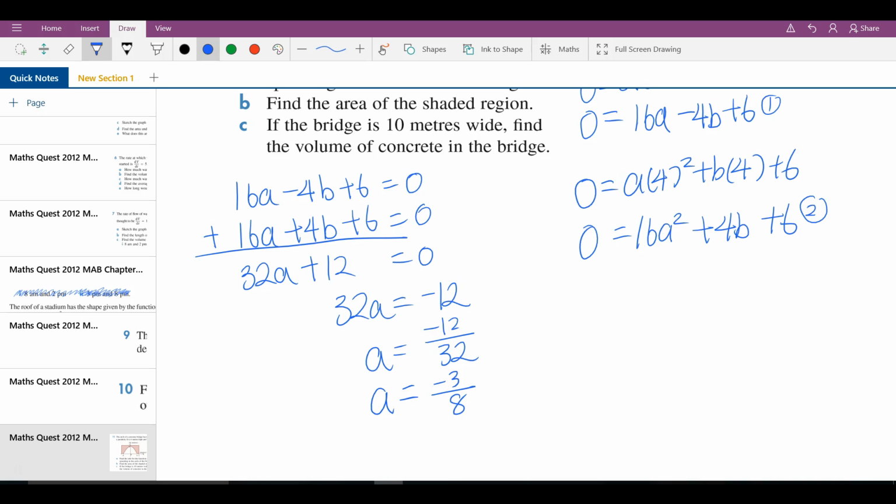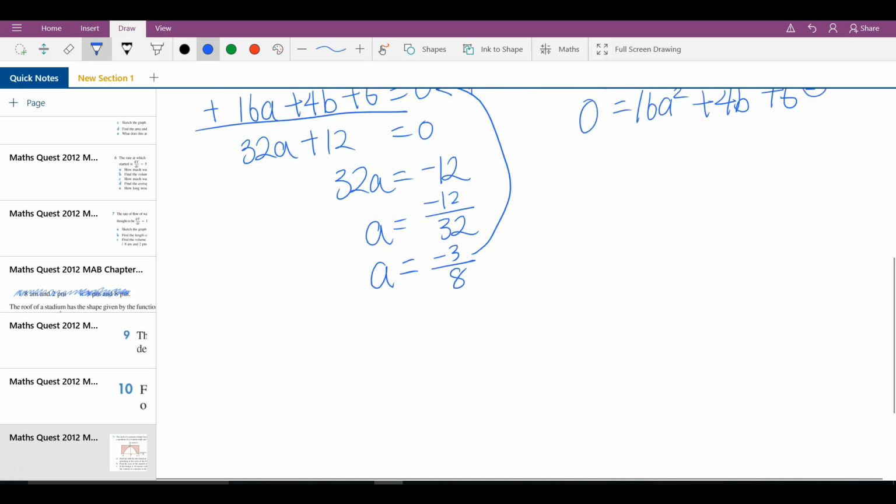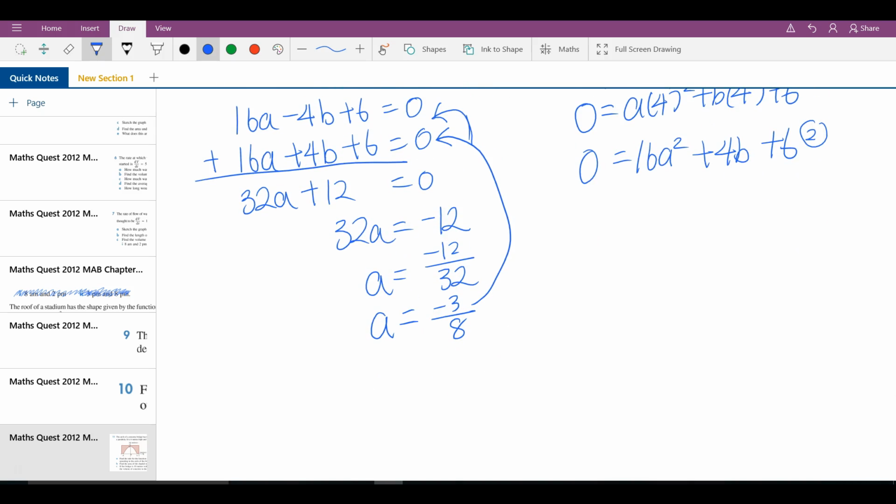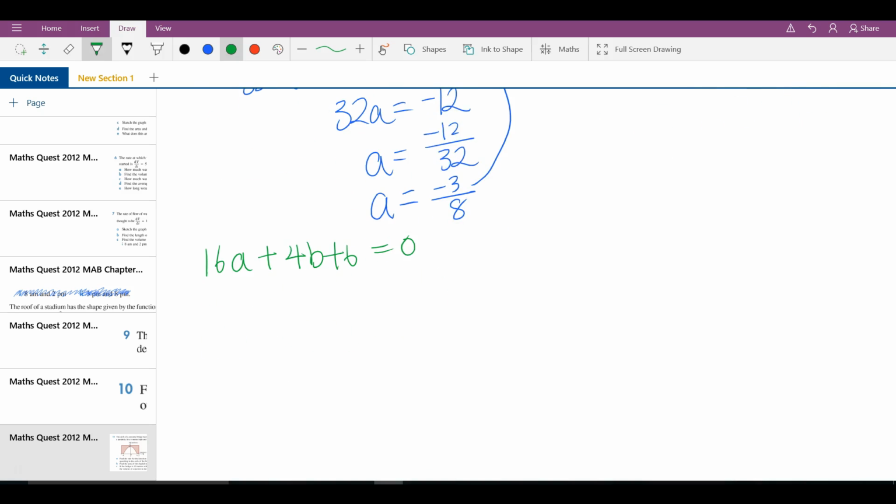Now we can sub a back into any of the equations. They should both work to find b. Let's just choose this one. So 16a plus 4b plus 6 equals 0. We sub the value of a into here.